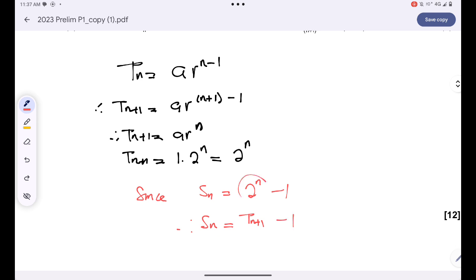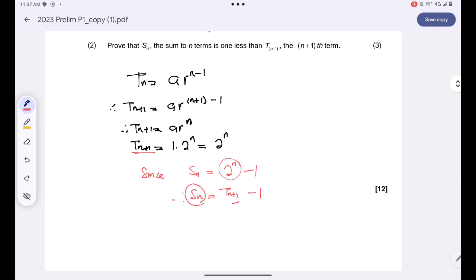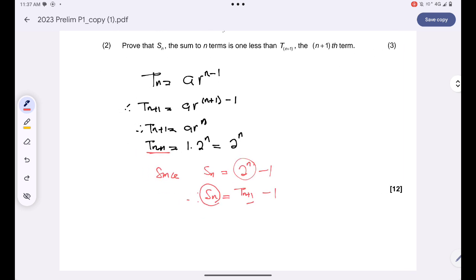Remember that 2 to the power n is equal to Tn plus 1. So now I have proven that the sum of n terms is 1 less than Tn plus 1. This statement can be written like this.